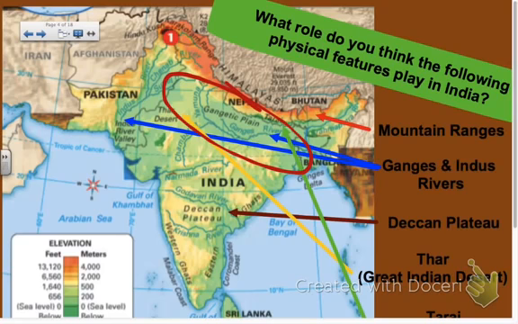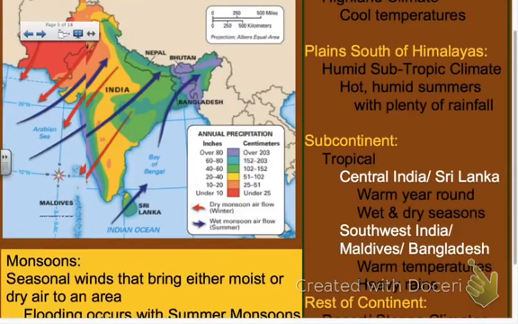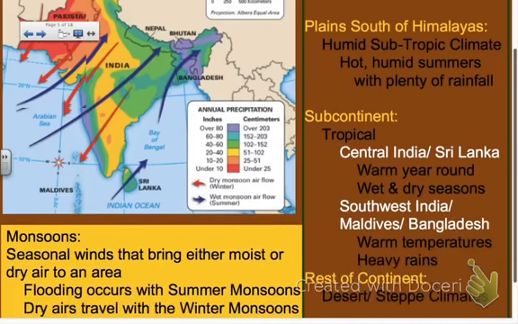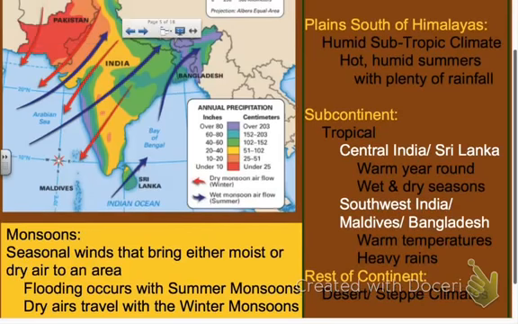Those seasons, the wet and dry seasons, are caused by the monsoon winds that impact the subcontinent. And you can see them here in this map as we scroll down a little bit. And let me get our page number out of the way. These are seasonal winds. Now, the blue arrows that are on this map represent the summer monsoon winds.